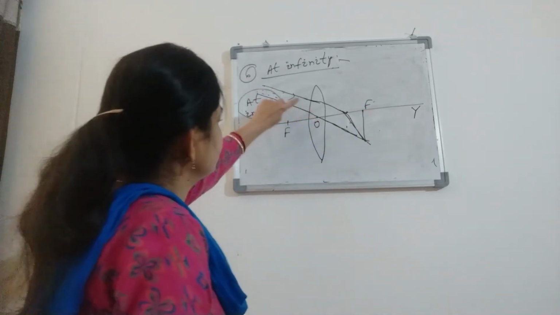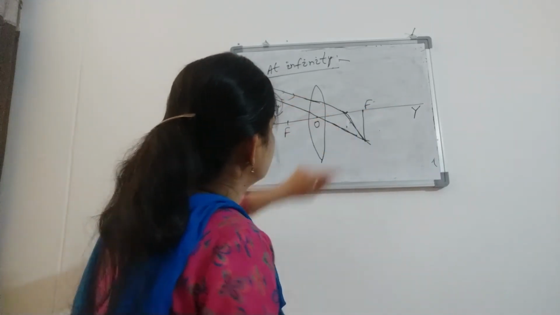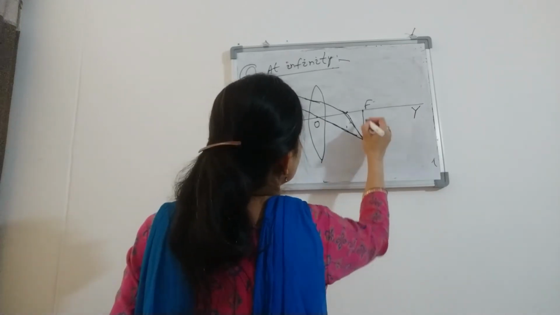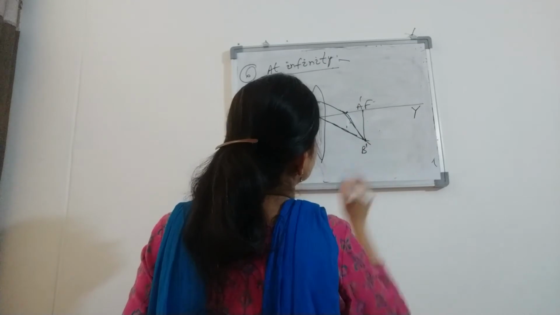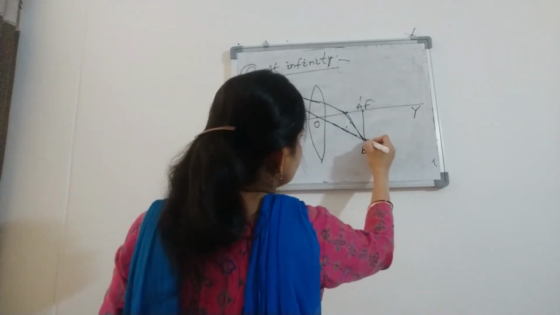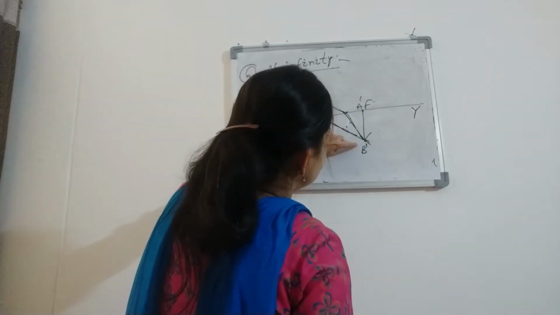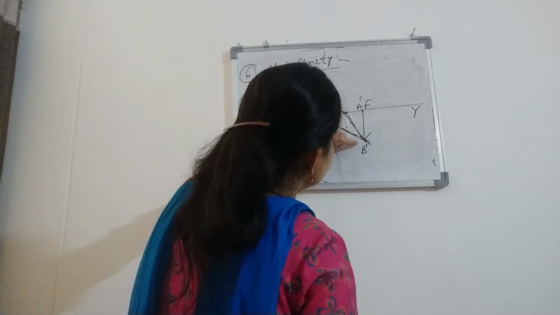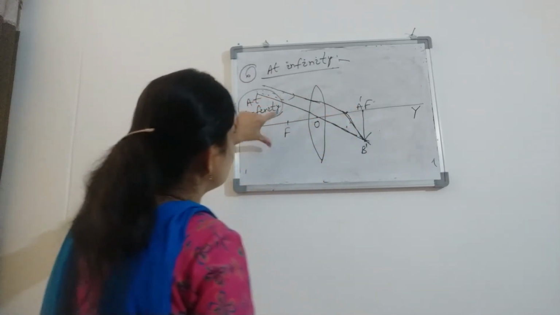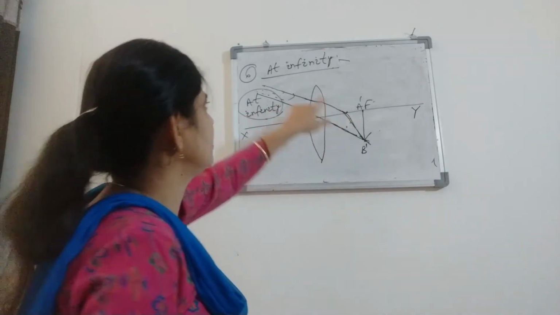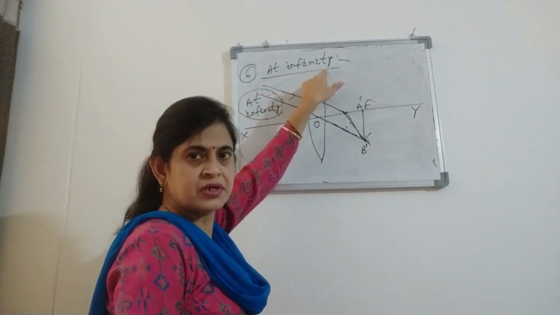Now, these two rays are intersecting at this point. Suppose the point is A dash B dash. That means A dash B dash is the position of the image formed by the object when the object is placed at infinity.